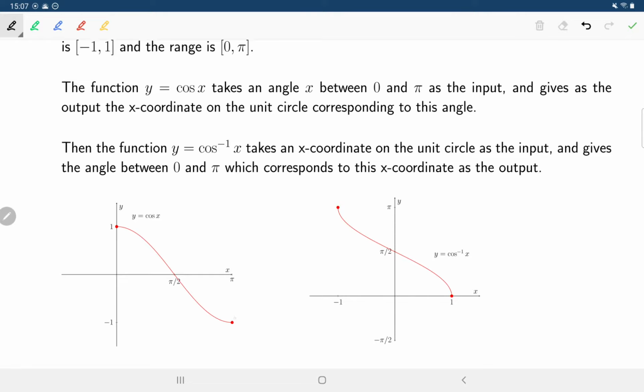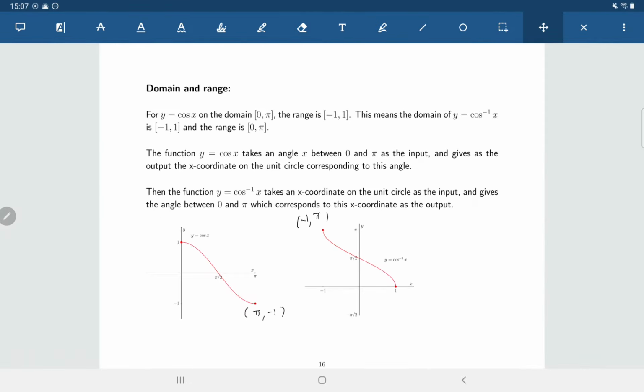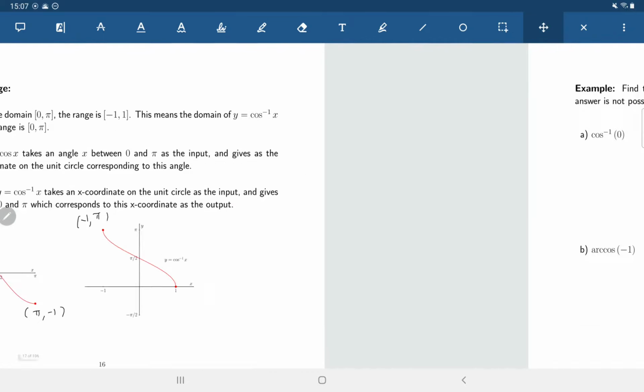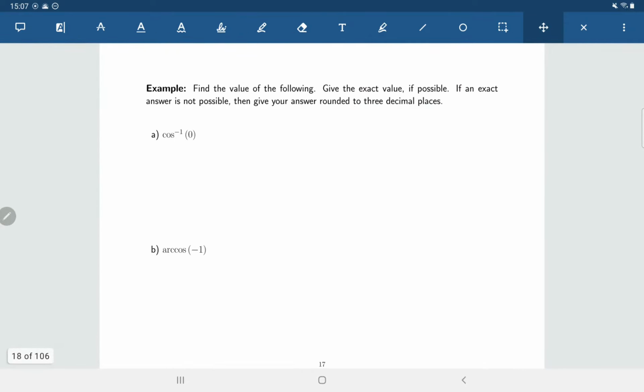And the same business of coordinates being switched is true here. For cosine, you have, for example, the point (pi, -1), and for cosine inverse, you have the point (-1, pi). And we're going to find the exact values for our inverse trig functions the same way.